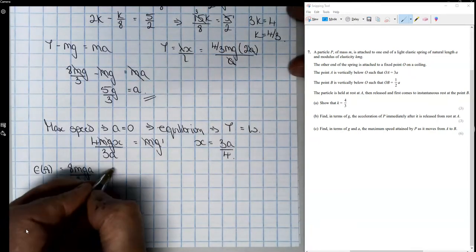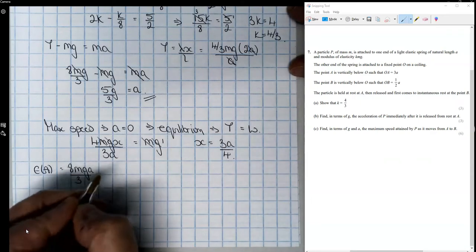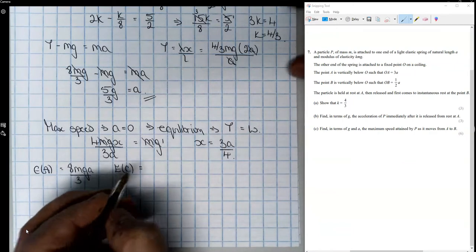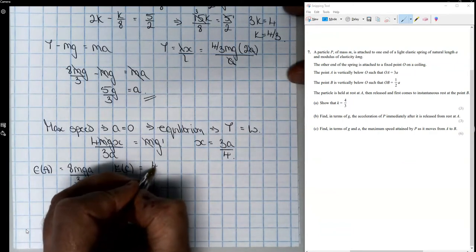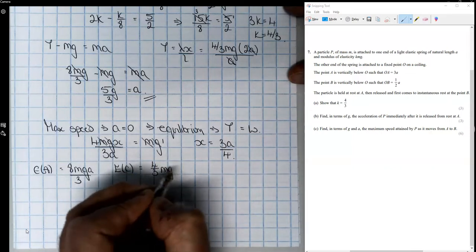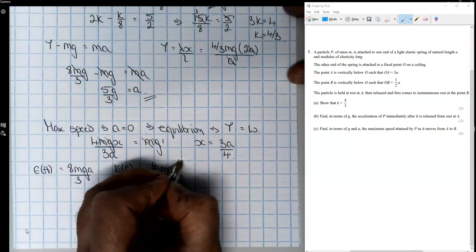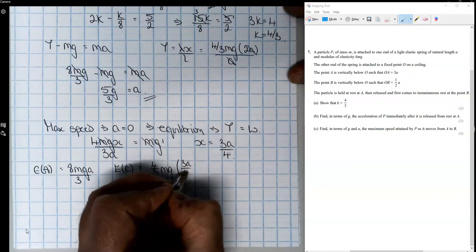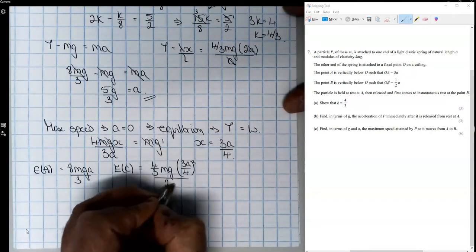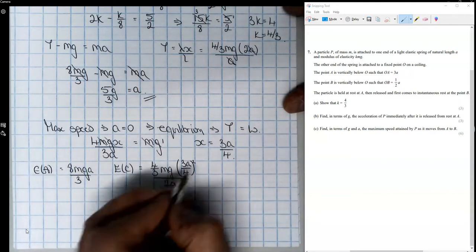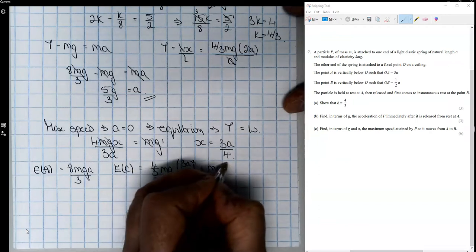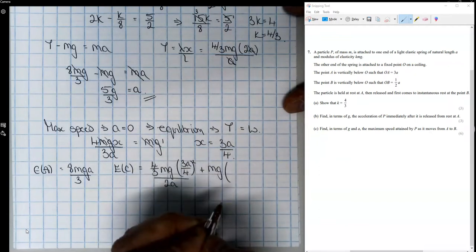And energy at C, which must be equal to it, is lambda x squared over 2L plus mgx.